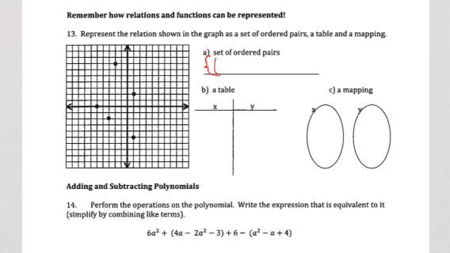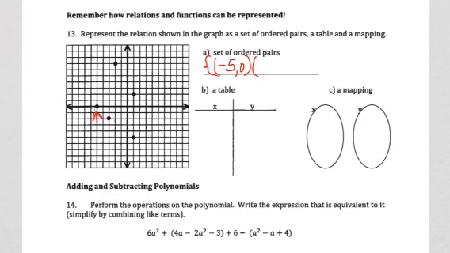So the first one we always start with the one to the negative side. So that ordered pair is -5, 0. So -5 on the X, 0 on the Y.